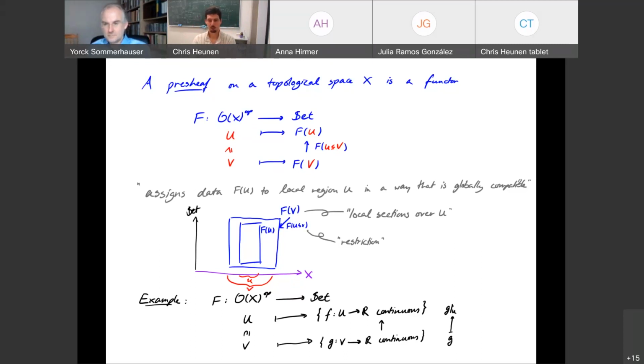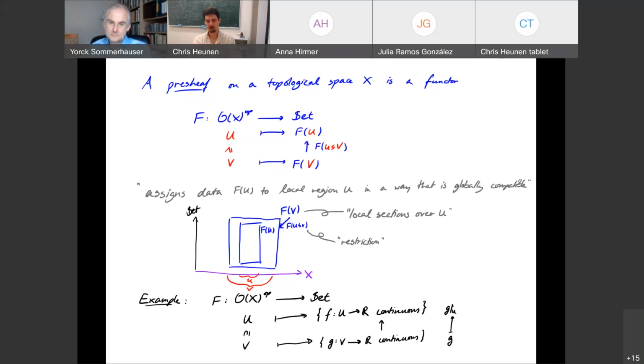And the example to keep in mind is, I made a picture here, maybe we should talk about that. It's a very sort of pedagogically incorrect picture in that the x-axis is literally labeled with X, the topological base space, but the y-axis is labeled Set. So if you take an open in the base space U there, you will see the set F(U) sort of living over it, if you like. And if you have a bigger V, there's a set F(V) living over that.